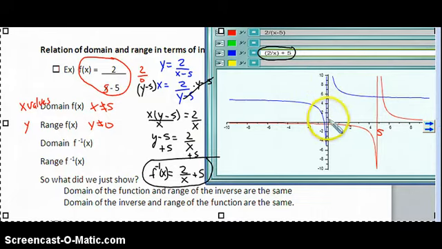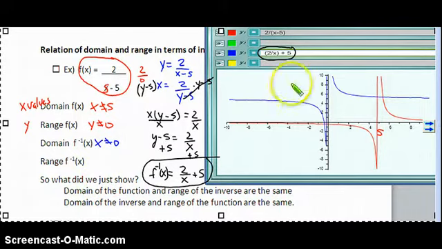Let's go back and look at what domain values work and what range values work. So notice now that the x values that are working are all of these negative x values until I get to an x value of 0, and then all these positive x values are working. So this time the domain is x does not equal 0. And the range might be a little bit more difficult to see.